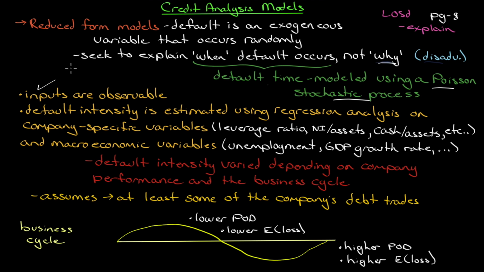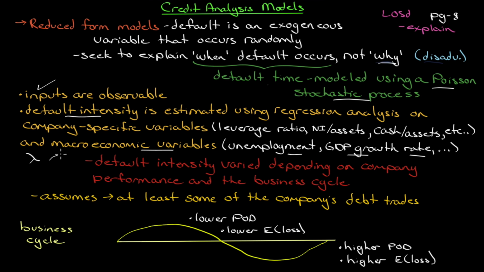The inputs are observable. Default intensity is estimated using a regression analysis on company-specific variables, things like leverage ratio, net income to assets, cash to assets, whatever you find is useful, and macroeconomic variables, unemployment, GDP growth rate. In the more mathematical treatment of the reduced form models, this vector is called lambda, and lambda is a vector of macroeconomic variables, and it's used directly in the calculation of default intensity.